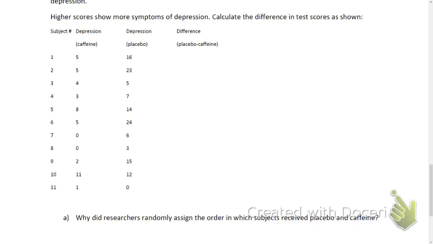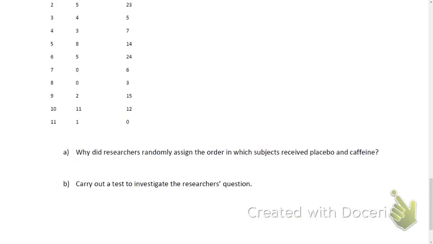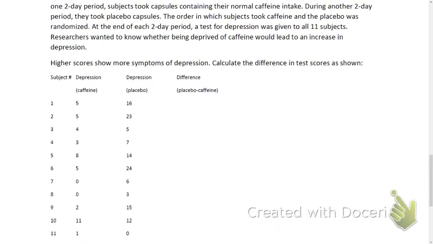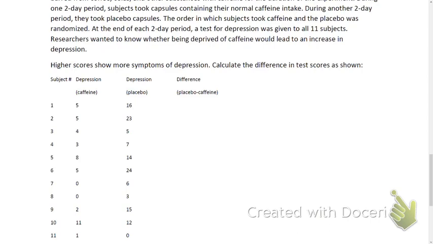We'll answer that eventually. Down here on part B, they want us to carry out a test. That's what I'm really worried about. So we're going to dive into the test. And what you do when you have a paired test is for the state step, you need to define the difference you're measuring.